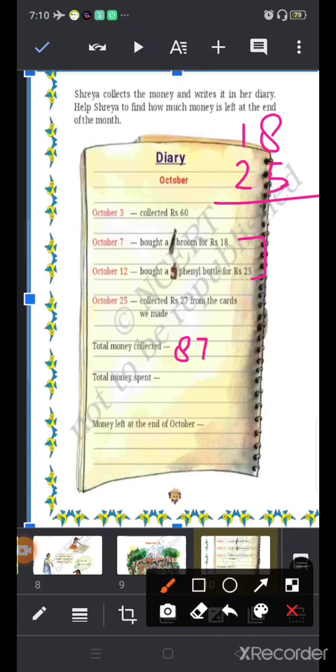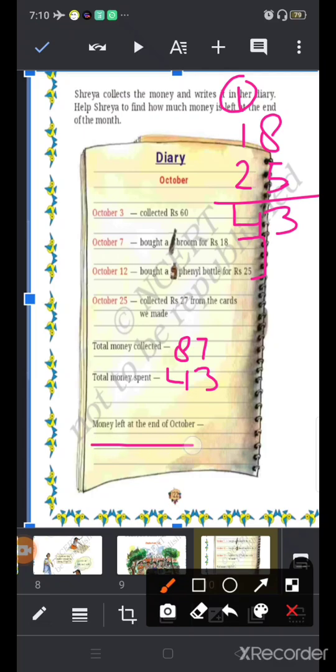So start counting: 9, 10, 11, 12, 13. So we'll write here 3 and 1 will carry over. Okay. So 1 plus 1 is equal to 2 and 2 plus 2 is equal to 4. So total spent money is equal to 43. So we'll write here 43. Okay. Now, what is the next question?